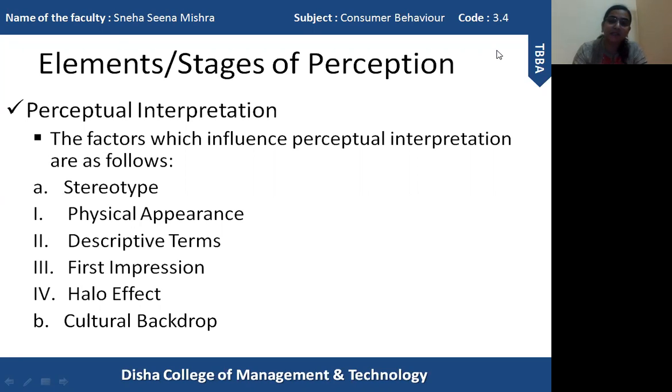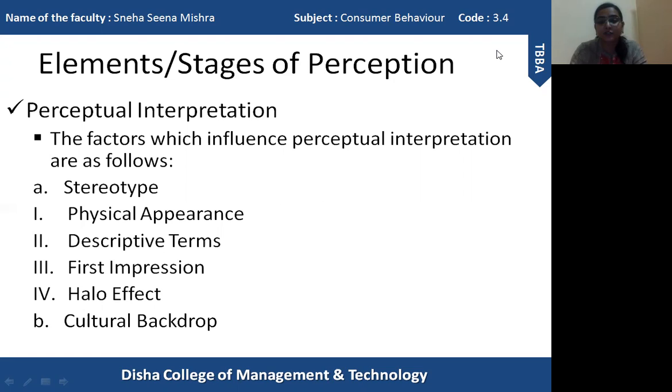Because that company has a very good reputation in the market, that company never cheats their consumer, that company provides very good after sales service. So that kind of halo effect creates a positive impression of a new product in the minds of the consumers. So that is called halo effect.